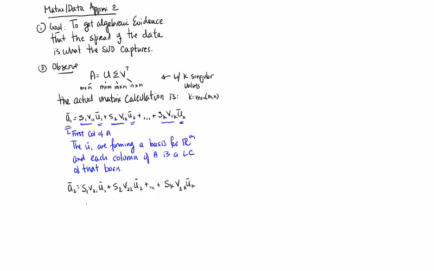And if we keep going down to the very last one, A sub n, this is S sub 1 V sub n1 U sub 1 plus S sub 2 V sub n2 U sub 2, and so on. It's the same pattern. This is true for every column. In other words, every column of A is a linear combination of the U sub i's.